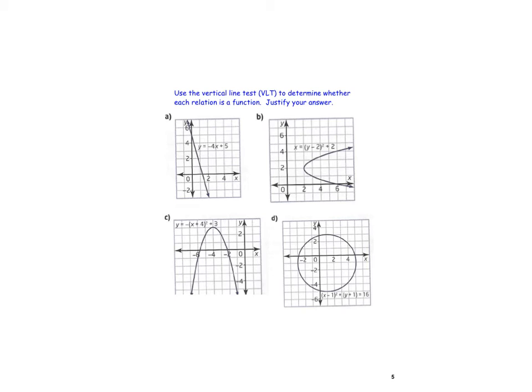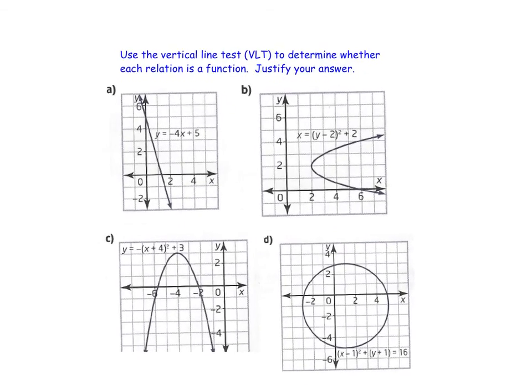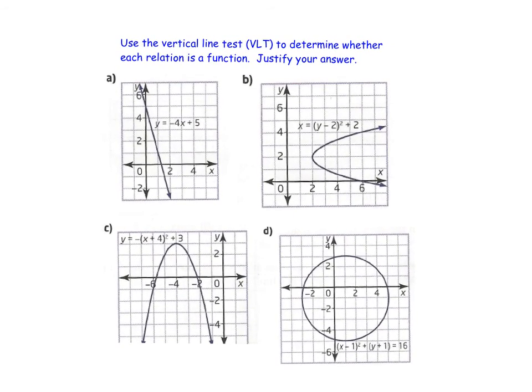Use a vertical line test to determine whether each relation is a function. Okay, so we'll use a vertical line test here. So we can see this one, definitely a function.